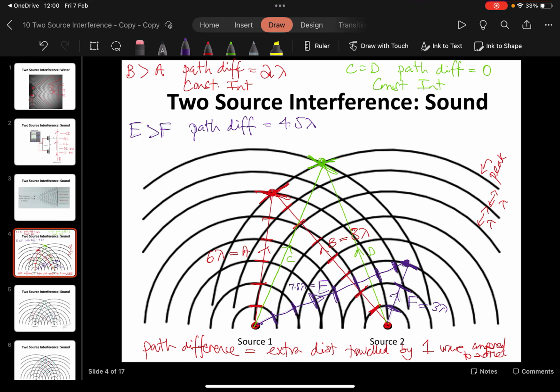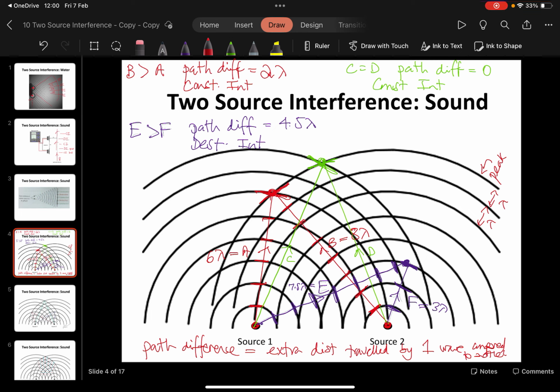So I'm actually going to observe now not constructive, but destructive interference. Okay? And that's going to lead us then to a rule for whether we get constructive or whether we get destructive interference.